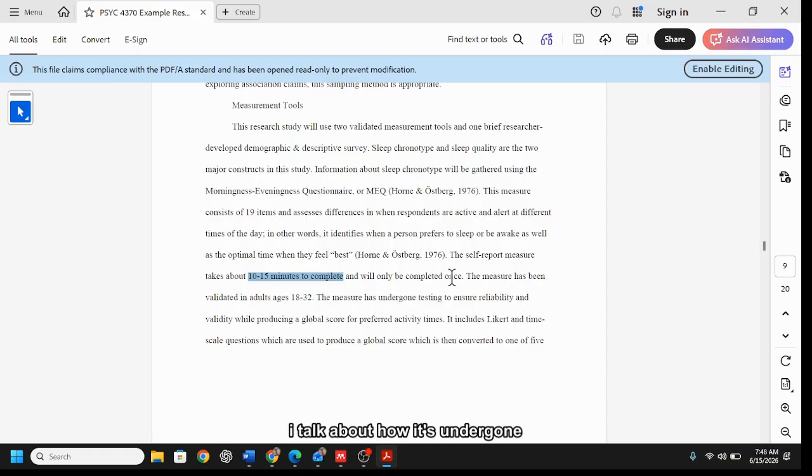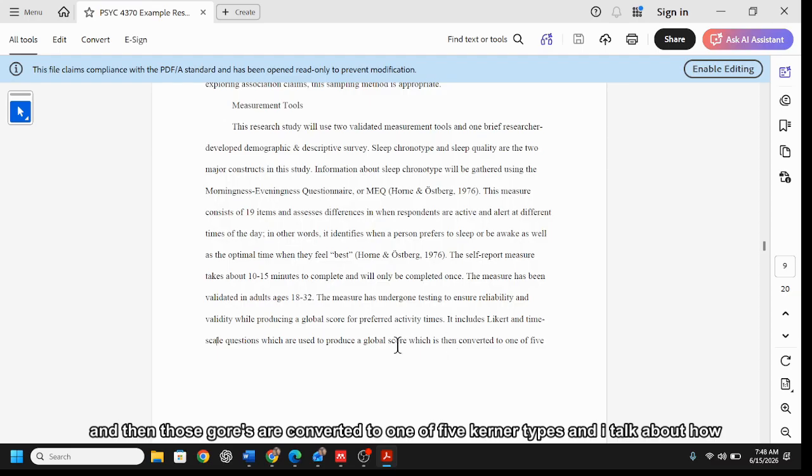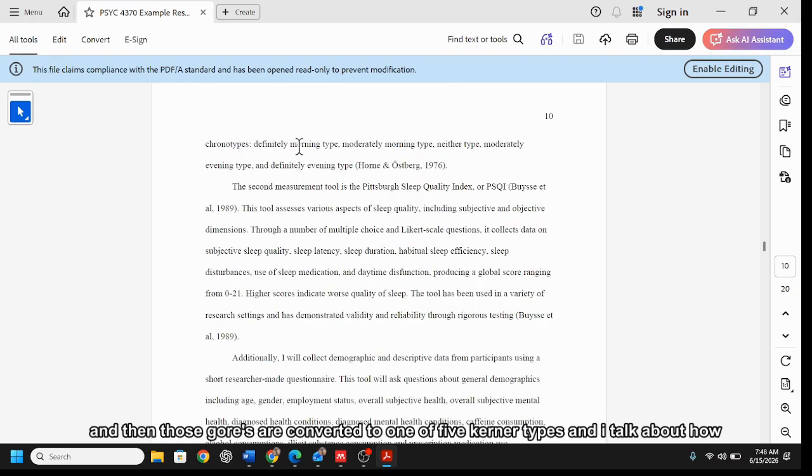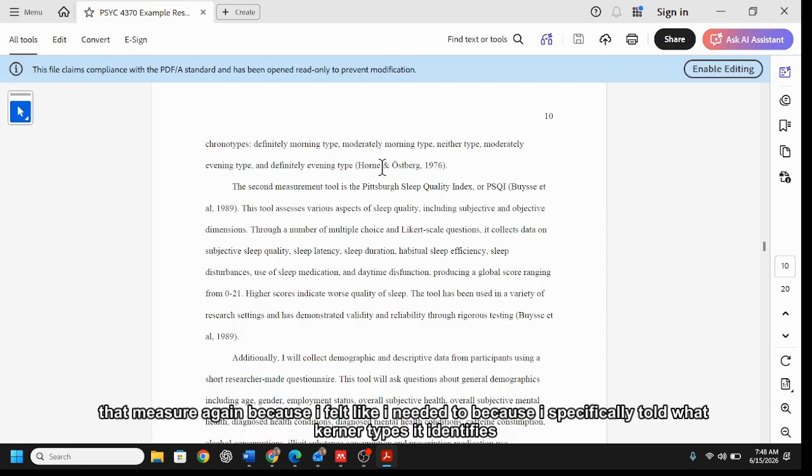I talk about how it's undergone testing to ensure that it's reliable and valid, and it produces a global score. It uses Likert and timescale questions, and then those scores are converted to 1 of 5 chronotypes. I referenced that measure again because I felt like I needed to, because I specifically told what chronotypes it identifies.